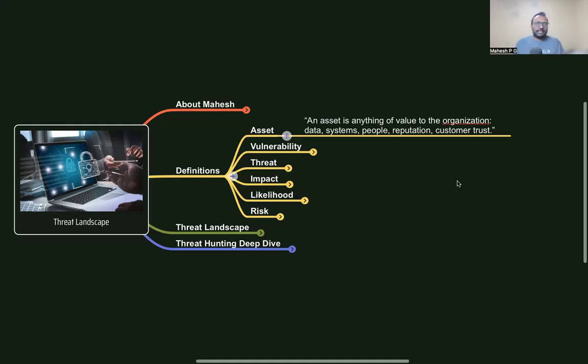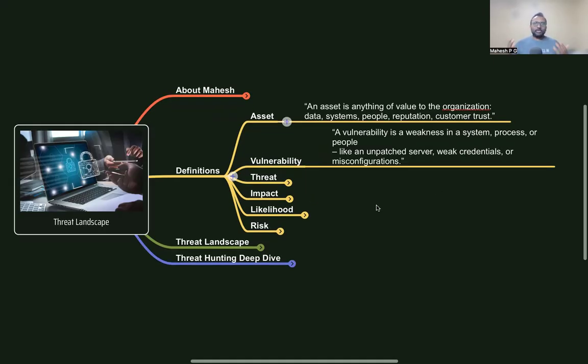The asset value is like data. People are the largest asset in the organization. The systems, the processes, the procedures, there is a value associated with all of these. When it comes to vulnerability, most of you know about these definitions, but I'm reiterating them as a refresher. Vulnerability is any weakness in a system, process, or people. An unpatched system is a vulnerability.